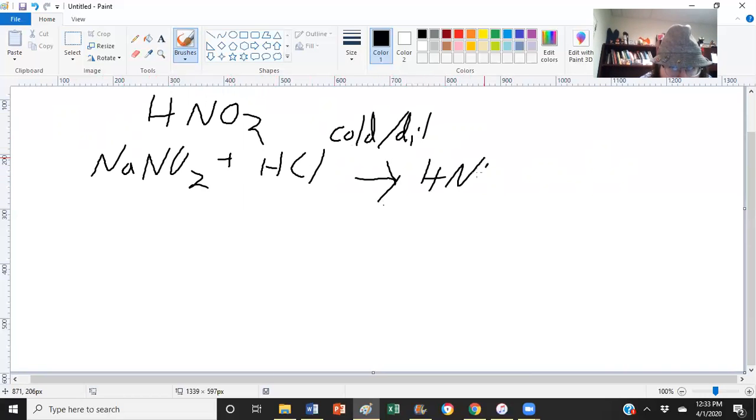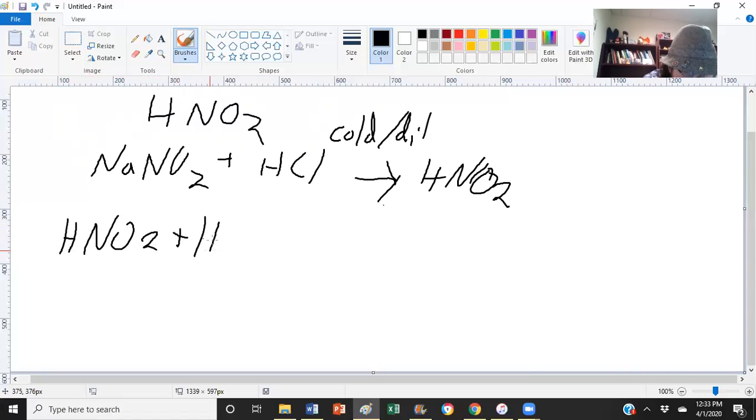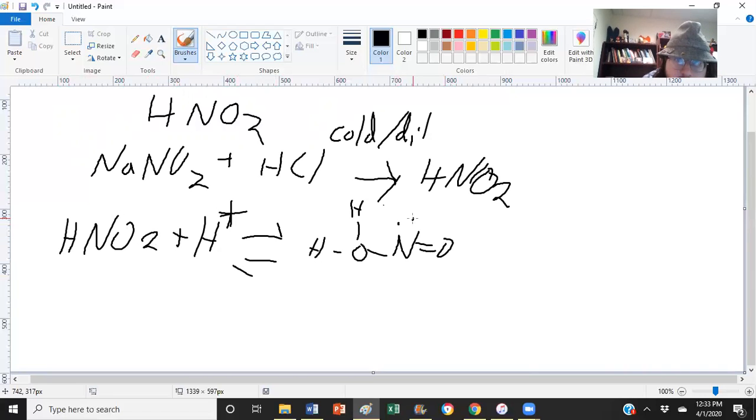It's not going to want to hang around for too long. So in acid, HNO2 plus protons is going to generate H2O, and we have a lone pair.